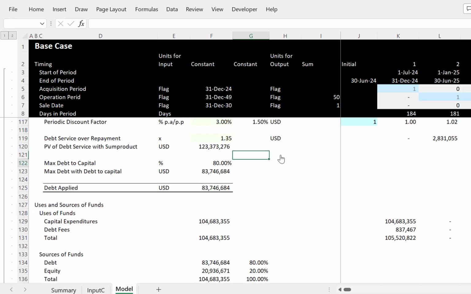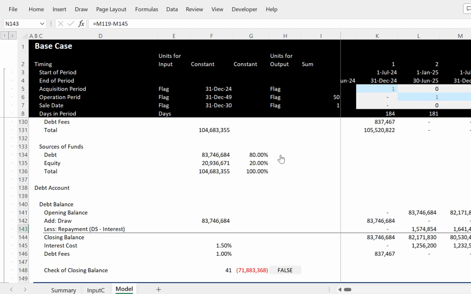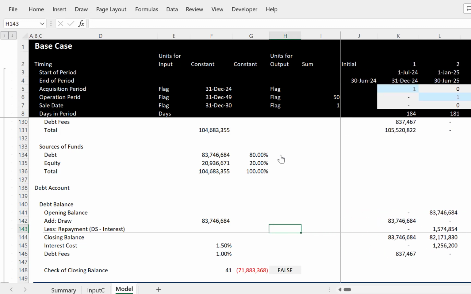Now we have a maximum debt to capital, and now we have this negative balance because this sculpting that we did was based on this. Now, what happens is we've paid too much debt. And the worst thing, almost the worst thing, you can get into a very interesting philosophical argument about this, is you can use a minimum function. If you use a minimum function, it's an idiotic thing to do unless you assume refinancing.